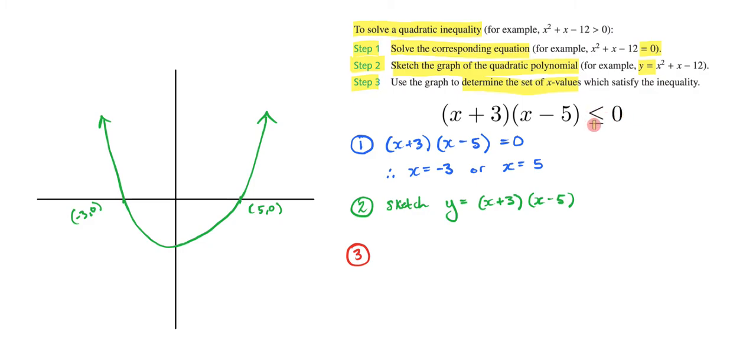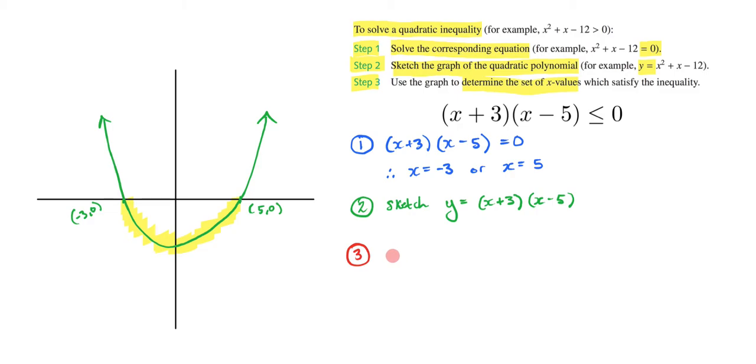So when will my output be less than 0? Or to think about it in this form, in my quadratic polynomial, when I'm graphing it here, when will my y be less than 0? And it's quite clear it will be less than 0 when it's below my x-axis, just like it always is. My negative y values are below my x-axis. So here is where my inequality will be satisfied.